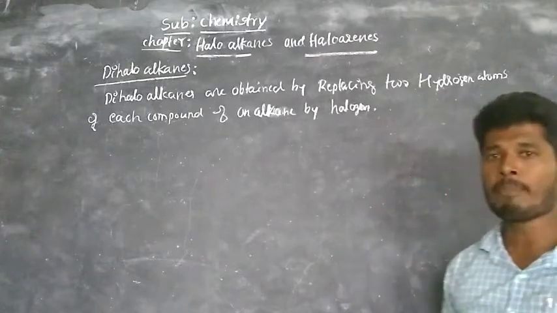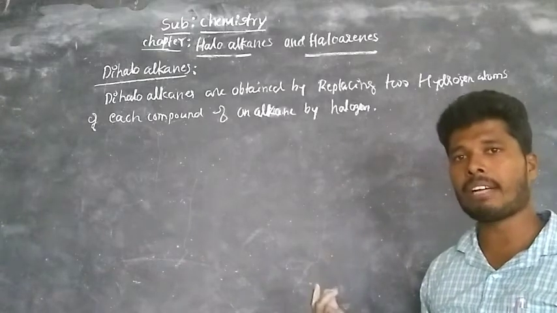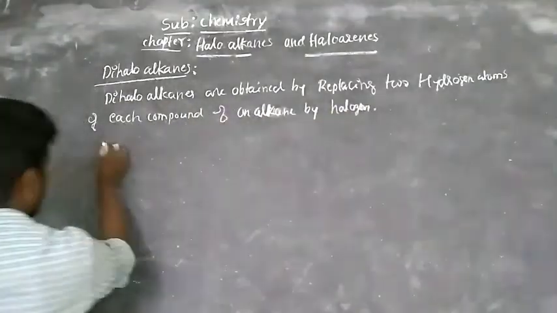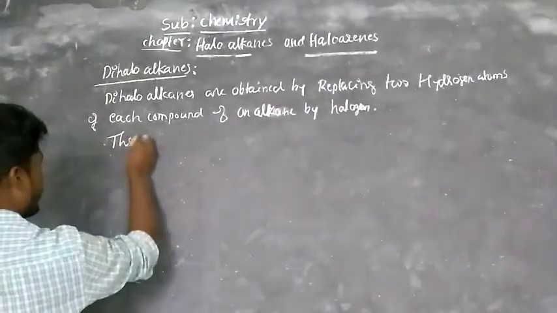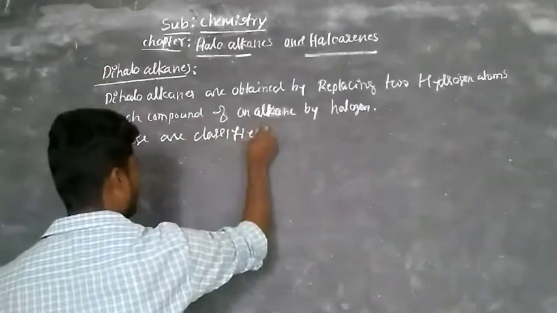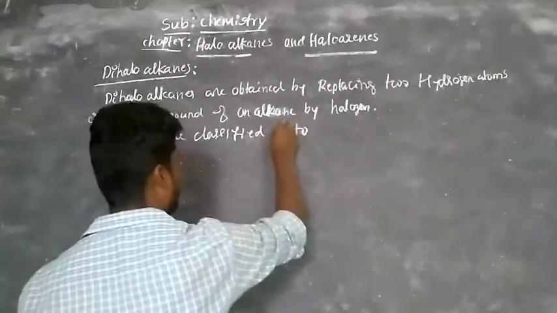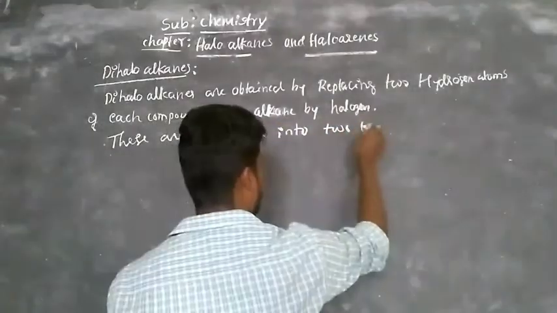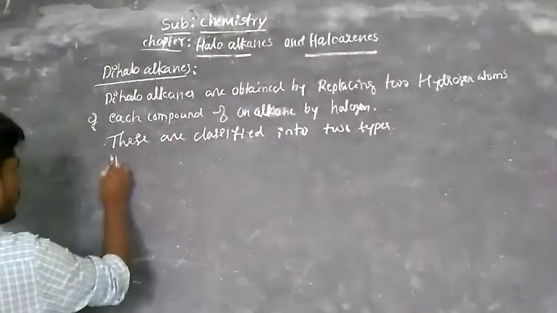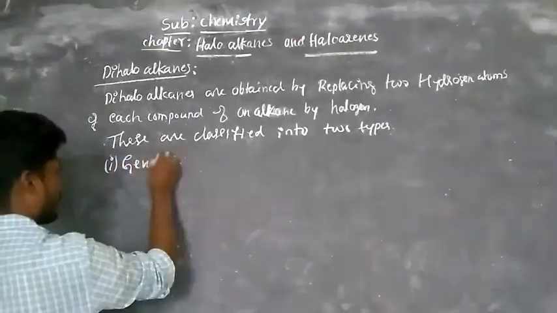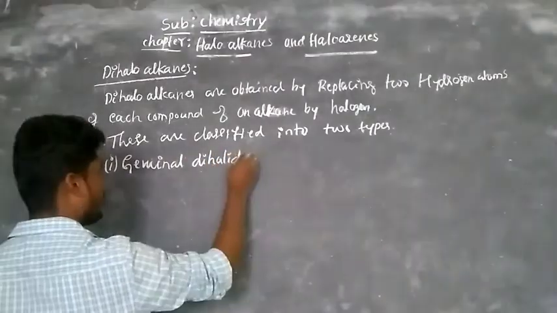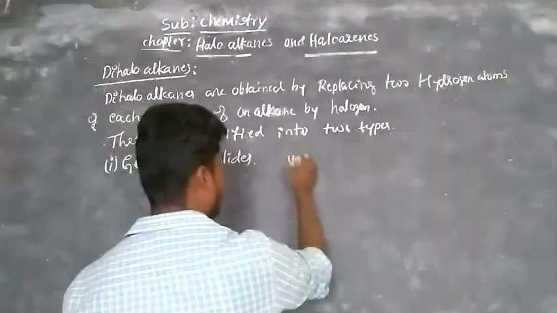One is geminal dihalides and the second one is vicinal dihalides. Now the first one is geminal dihalides, and the second one is vicinal dihalides.